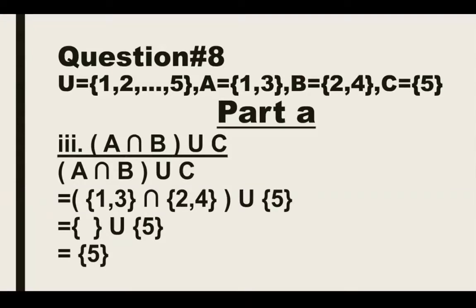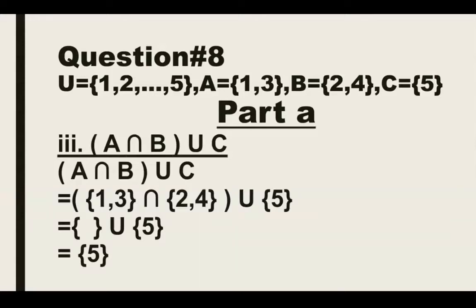Now we solve question 3 of part A. In this question, we have to find the union of A intersection B with C. First, we will find the intersection of sets A and B. The value of A is 1, 3, value of B is 2, 4. Now, we find their intersection.